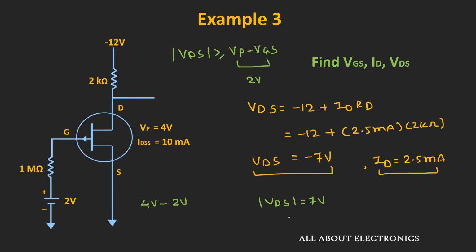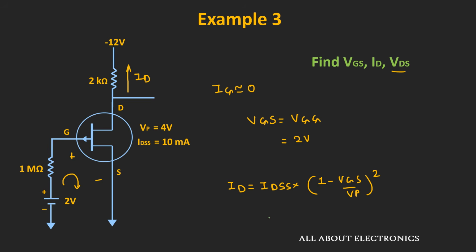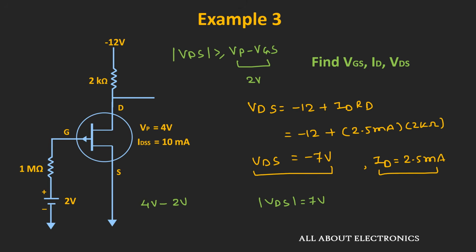As VDS is greater than VP minus VGS, this circuit is indeed operating in the saturation region, and due to that we can use this expression for the drain current and find the value of voltage VDS and the drain current ID.